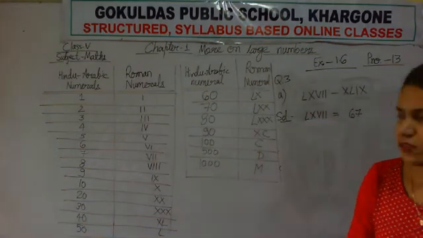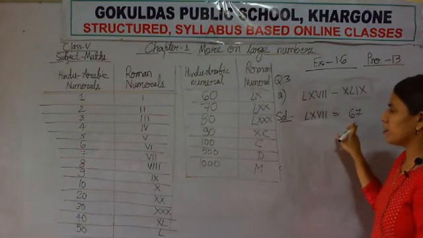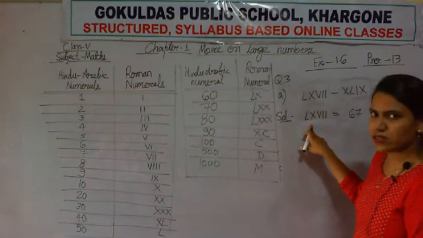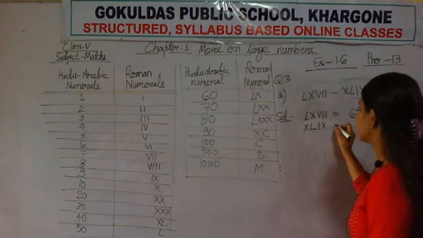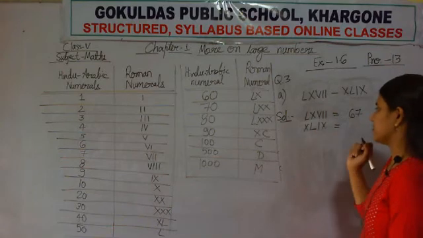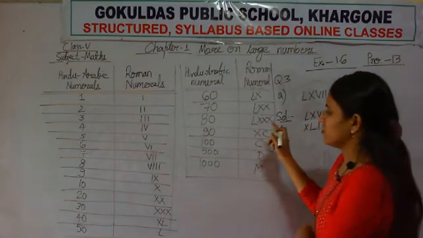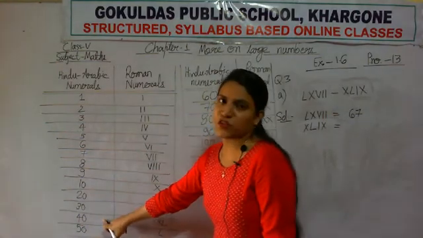right? Now we have written the Hindu-Arabic number for the first Roman numeral. Now the next number is XLIX. Write it. XL means, observe here, is there XL? Yes, it is here. XL represents 40.